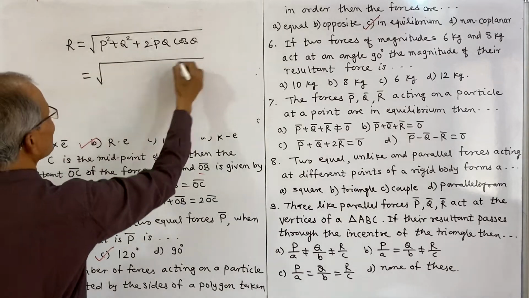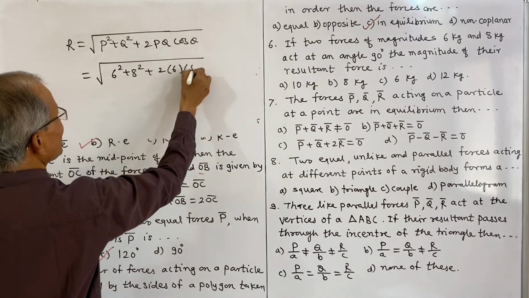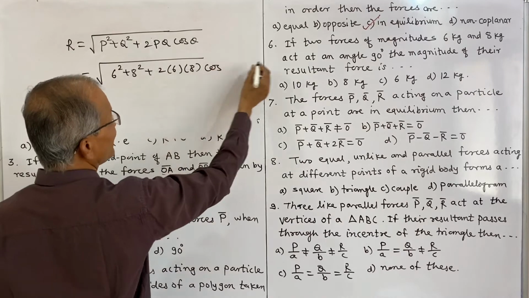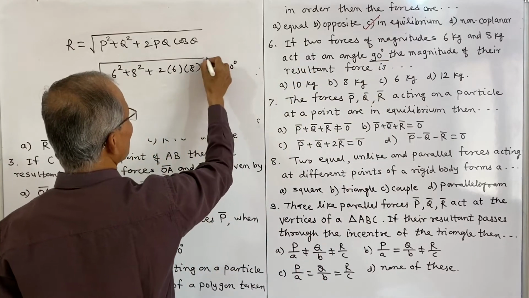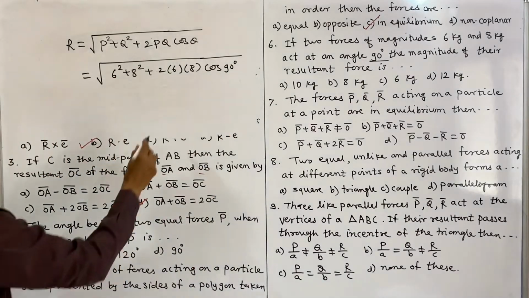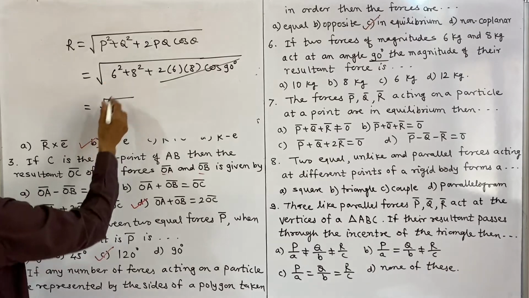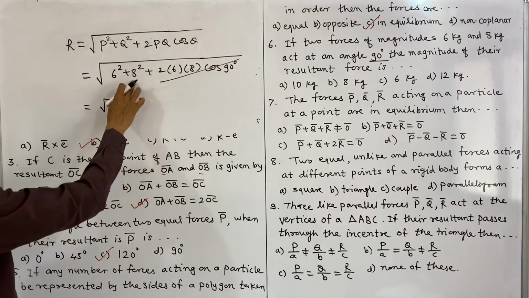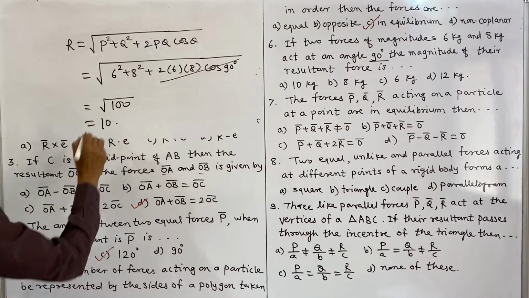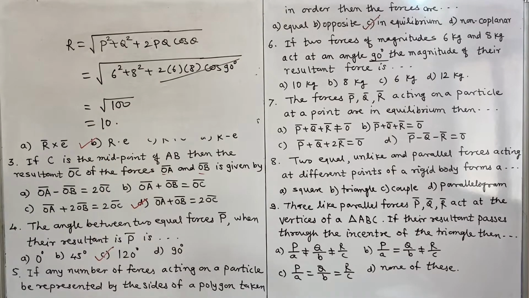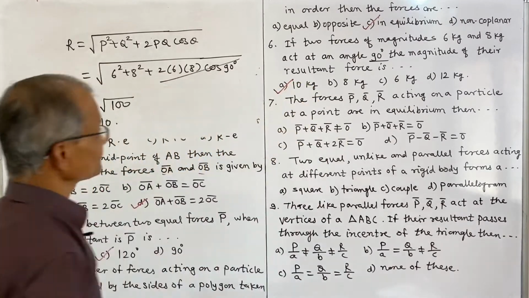Therefore, this will be under root of 6 square plus 8 square plus 2 into 6 into 8 into cos 90, and we know that cos 90 is 0. So this term vanishes, and what remains is root of 36 plus 64, which is 100, and therefore it is 10. So the correct alternative is A.